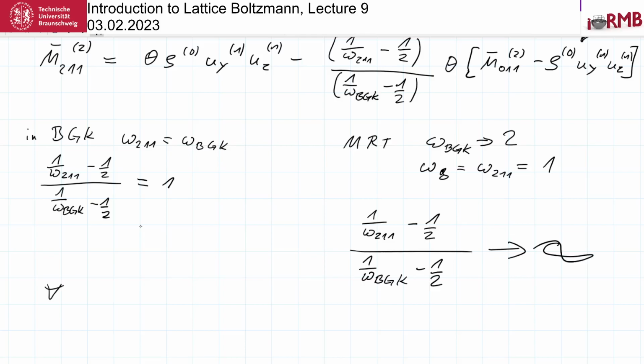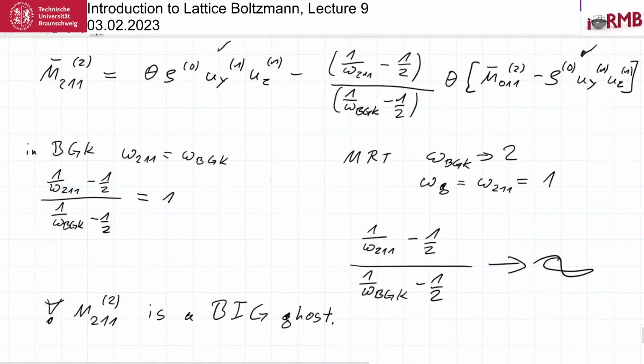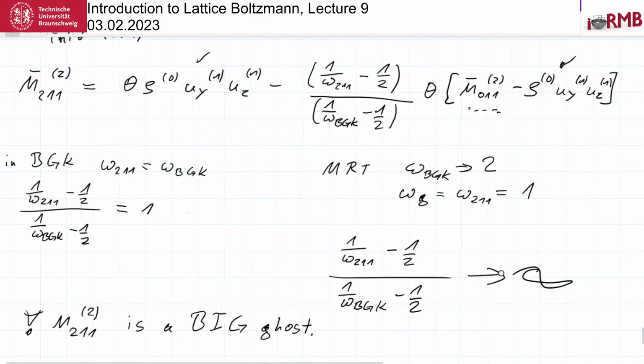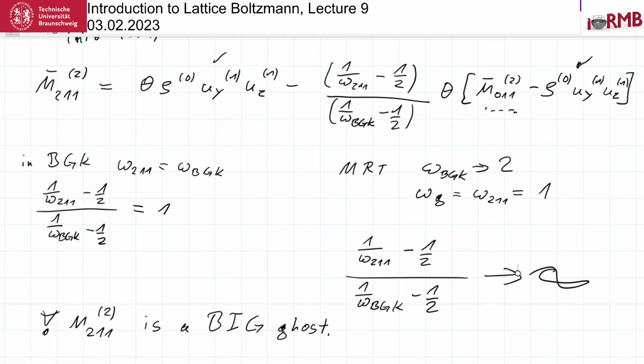And this is what we call nowadays, or this is my invention, so I call it that way. You can disagree or agree. This M21, this is a ghost moment, and this is the problem of a big ghost. So this is a big ghost, and it's a big ghost problem, because if you have a moderately large value for this hydrodynamic moment, it will make your ghost moment explode.